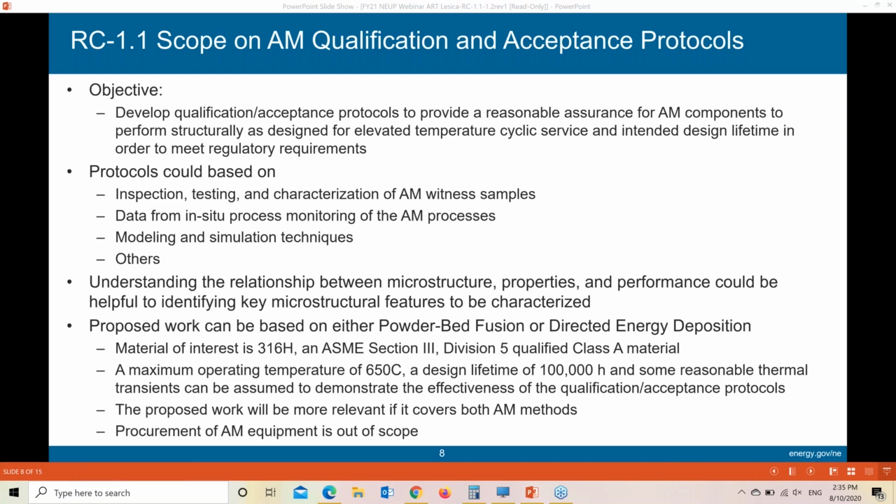What high temperature properties are of interest? Is that RC 1 or 2? For RC 1.1, it'll be the mechanical properties in terms of tensile, creep, fatigue, and creep fatigue, and also ductility of the material.